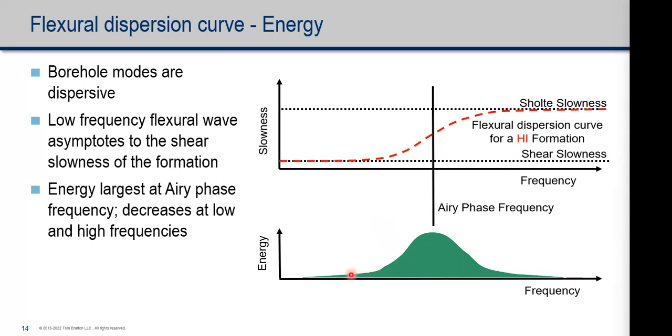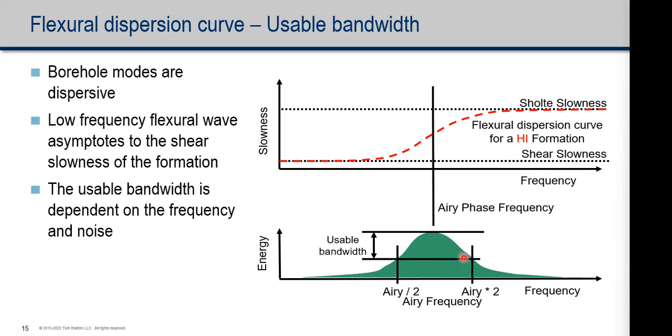But unfortunately, the amount of energy in the waveform at these low frequencies is pretty small. So you typically have a usable bandwidth, and down here you don't measure anything because it's too low in energy.